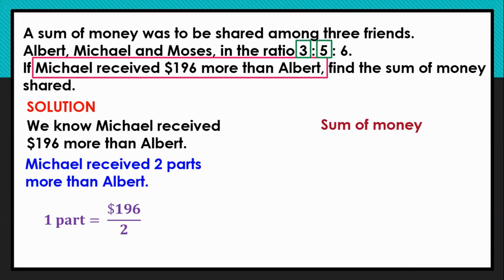So now that we know what one part is, we can find the sum of money that was shared. So there are 14 parts in total. So we simply multiply the value of one part, which is 98, by 14, which gives me 1,372.